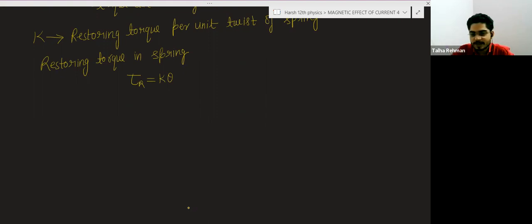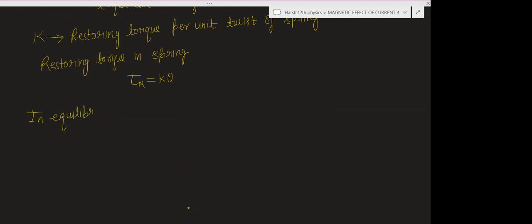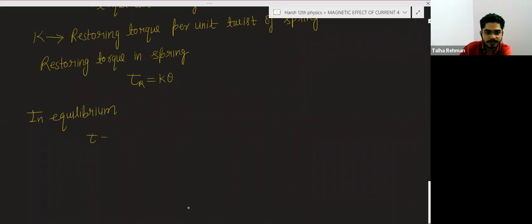There will be a time when the restoring torque and the torque due to the magnetic field will be the same. So in equilibrium, torque T is equal to tau r.